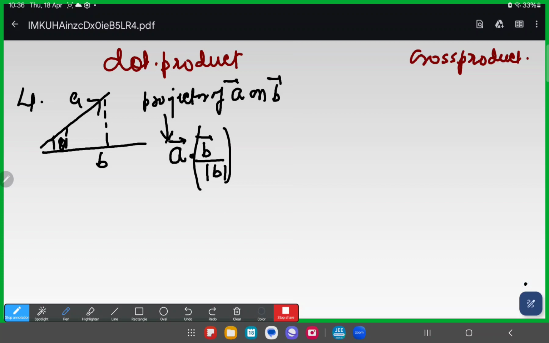Now the projection of A on B will be vector A dot B. This will give you component.